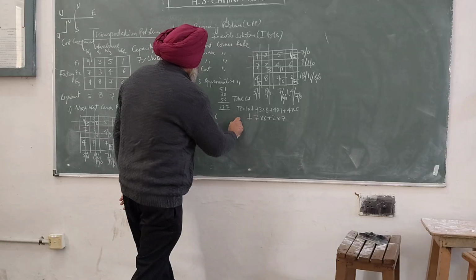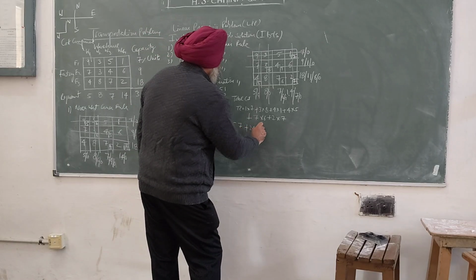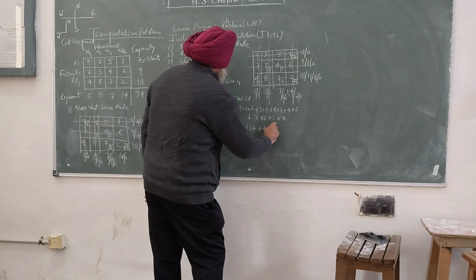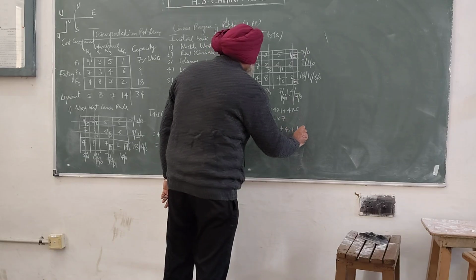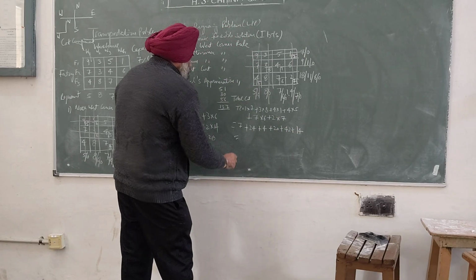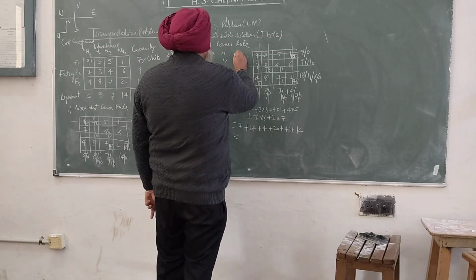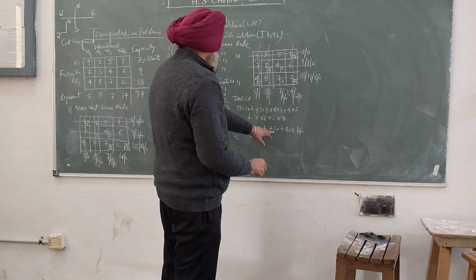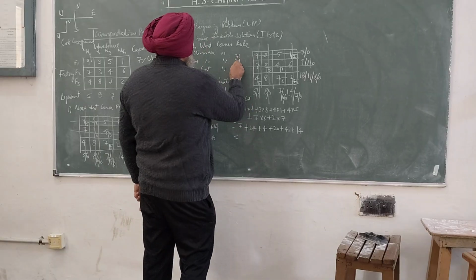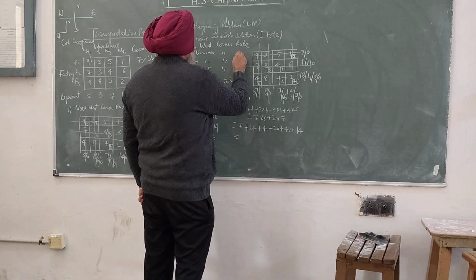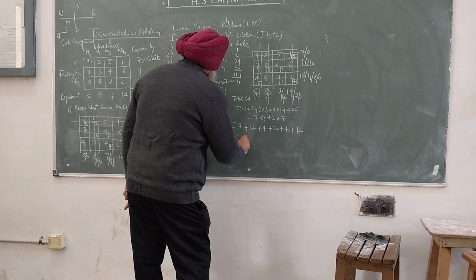This is 7 plus 24 plus 4 plus 20 plus 42 plus 14. If you count it, this is 31 plus 24 plus 56.